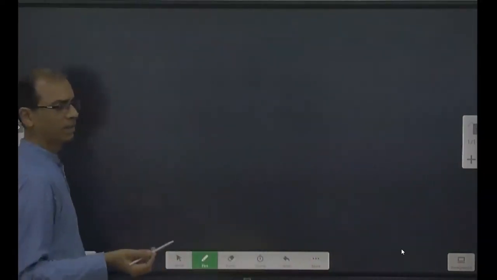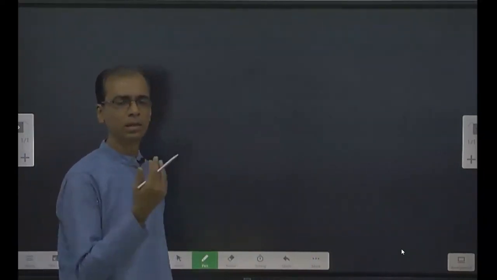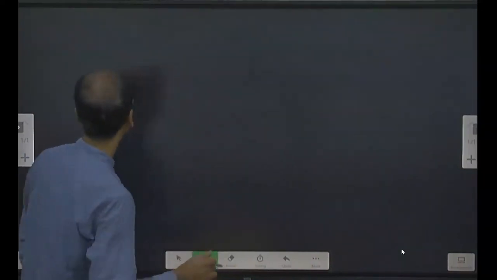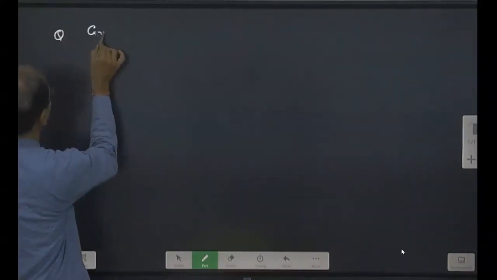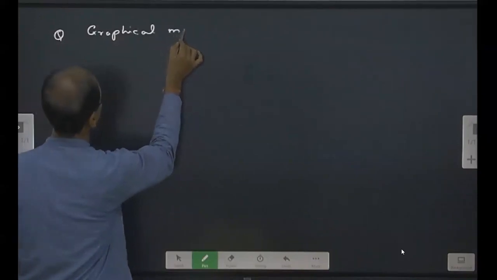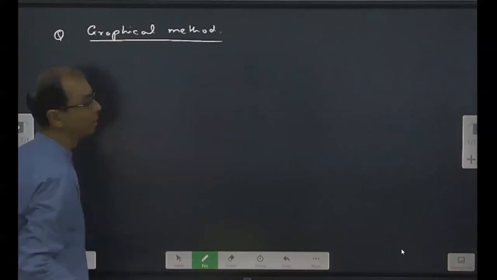So, simpler method, same question. The car starts from rest, has an acceleration alpha, attains maximum speed, then you apply the brakes, and finally it stops. Same question, but this time we are going to do it with the graphical method, which is shorter than what we did.